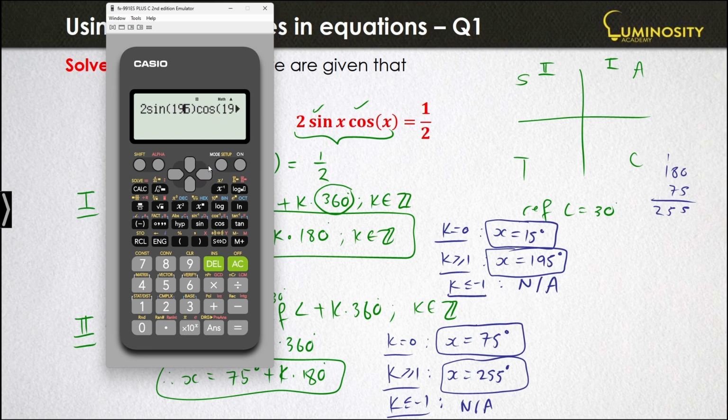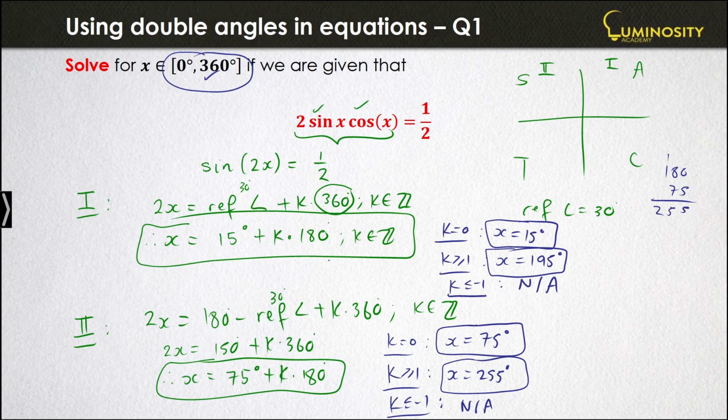Then for the quadrant 2 solutions, I put 75 degrees, which gives me a half. Perfect. And then 255 degrees, a half. Awesome. So these are the 4 valid solutions in that restricted domain that will satisfy the original equation, 2 sine x times cos x equals a half.